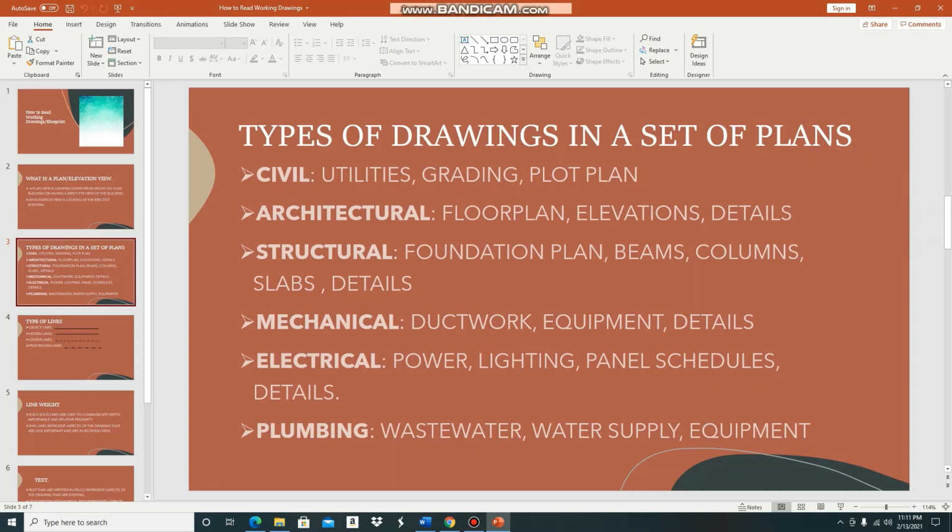There's the structural drawings, which deals with the foundation plans, beams, columns, slabs, etc. There's the mechanical plan that deals with the ductwork, the equipment, the detail. The electrical plan deals with the power, lighting, panel schedules and detail, and there's a plumbing plan which deals with wastewater, water supplies, and equipment.